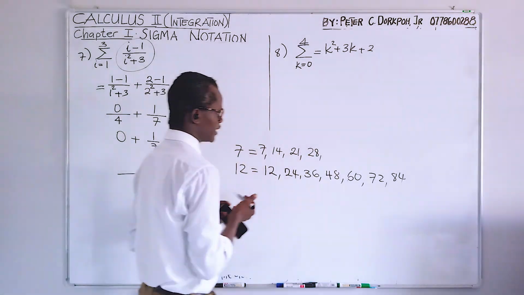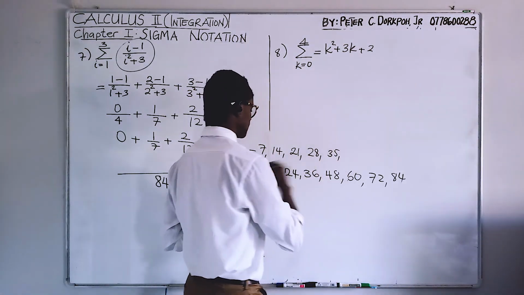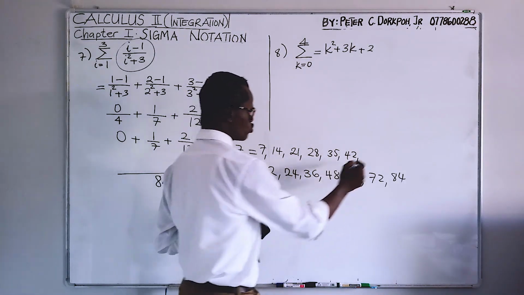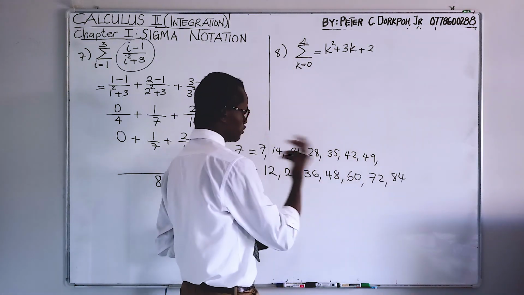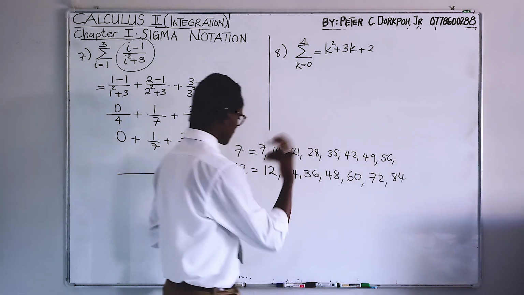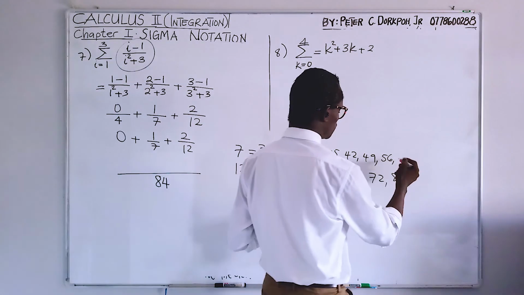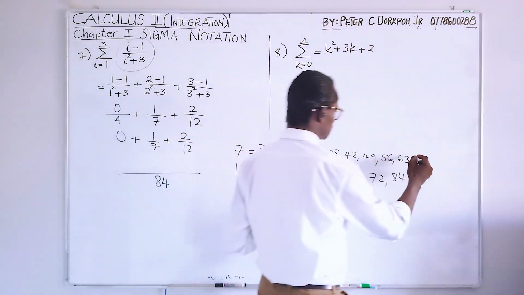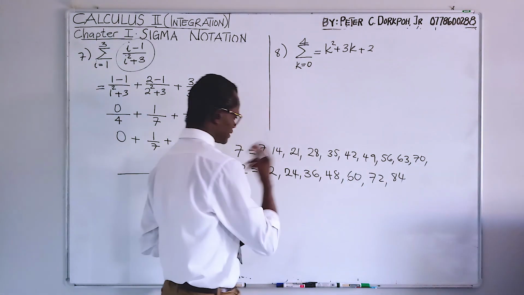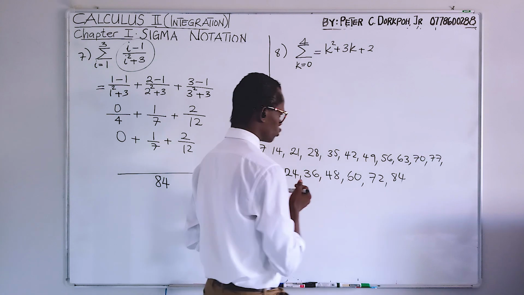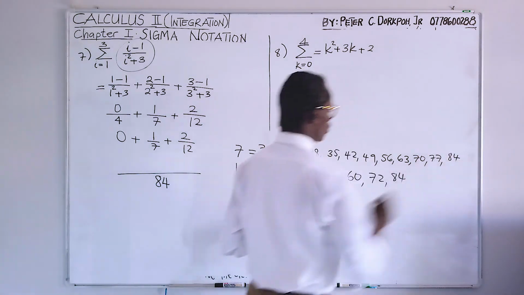You add 7 to 28 is 35. 7 to 35 is 42. 7 to 42 is 49. 7 to 49 is 56. You add 7 to 56, it gives you 63. You add 7 to 63, it gives you 70. You add 7 to 70, it gives you 77. And you add 7 to 77, it gives you 84.